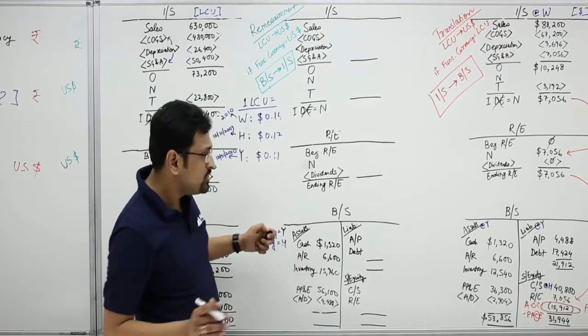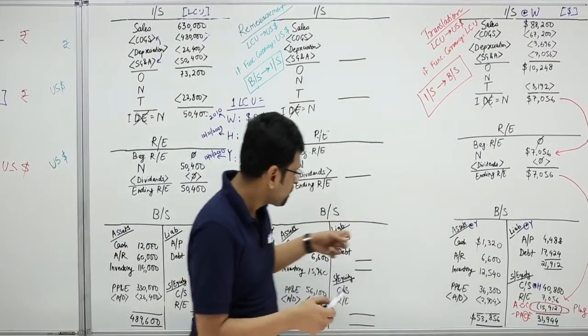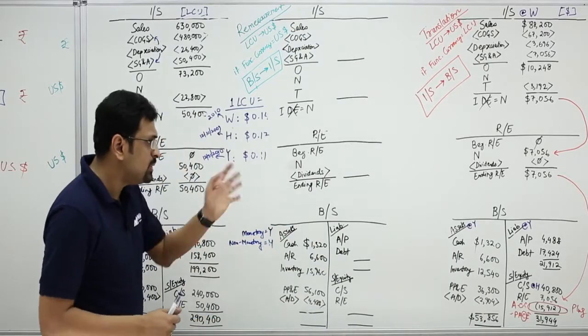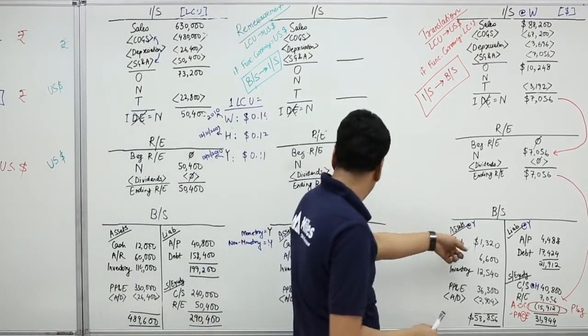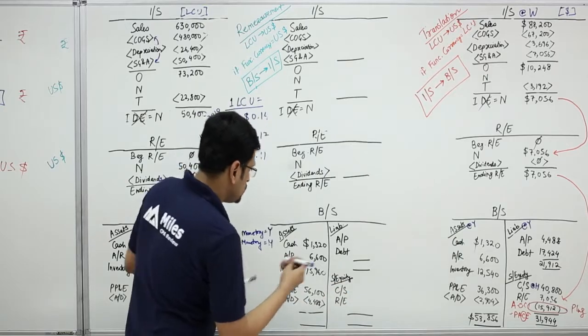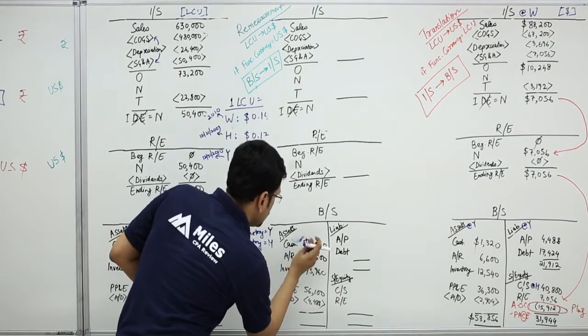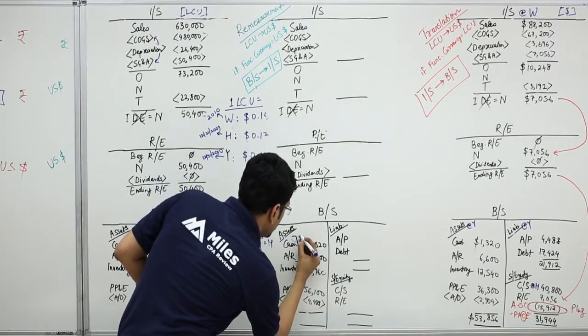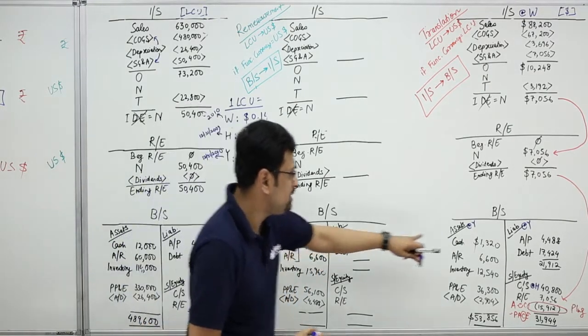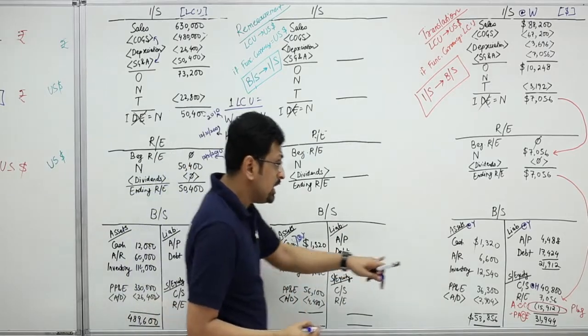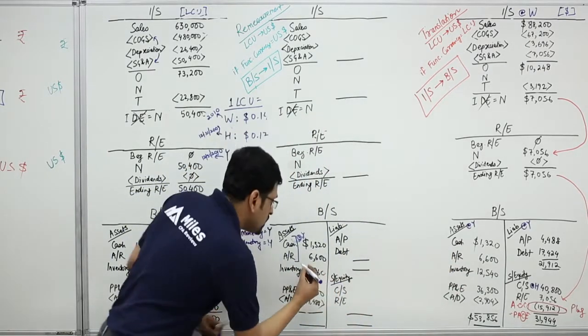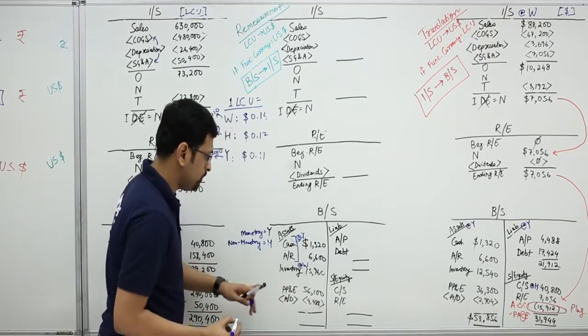Guys, look at the difference in the balance sheets here. For cash and receivables, there's no difference. We've used year-end rates in both, so this is the same result. For inventory, here we used the year-end rate, and here we've used the historical weighted average rate.